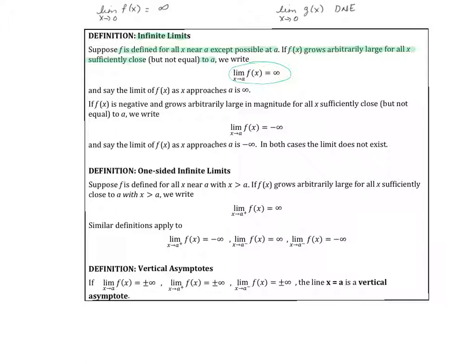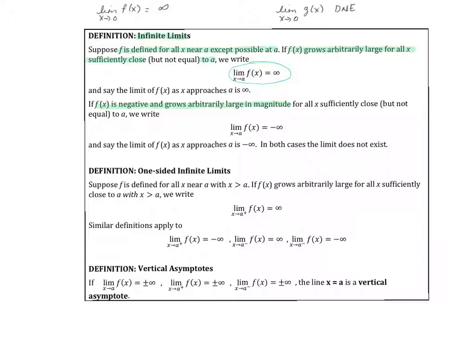Now, if f of x is negative and grows arbitrarily large in magnitude, and the reason why that's there is because you can't get large negative values, right? Negative by definition means it's getting smaller and smaller. So the magnitude just means absolute value.